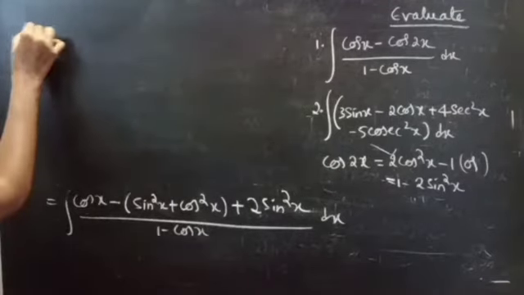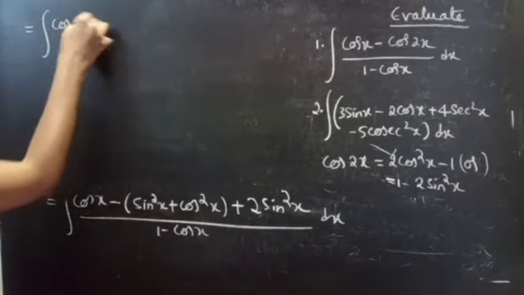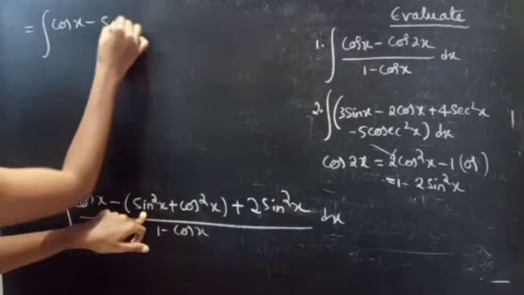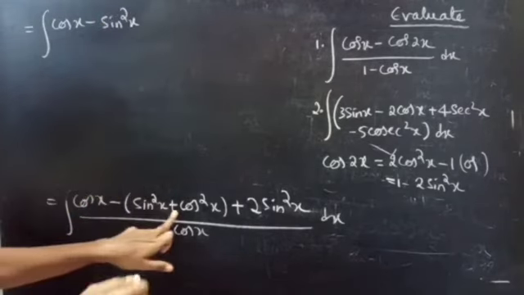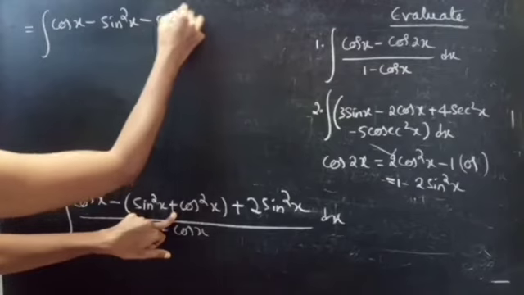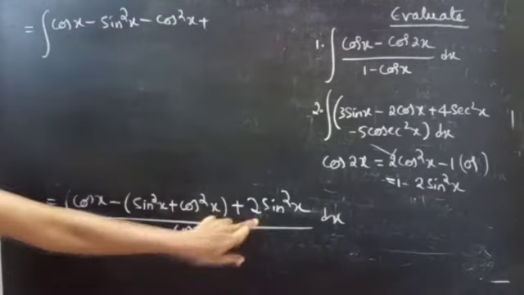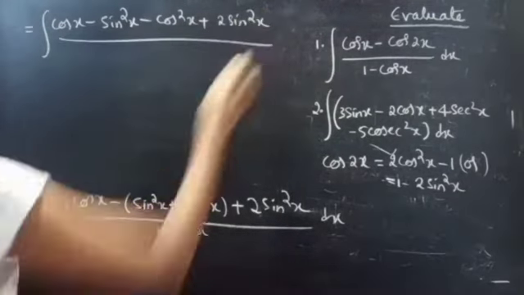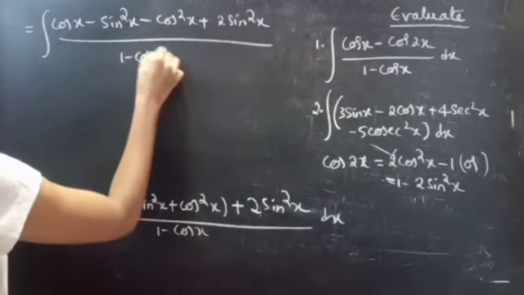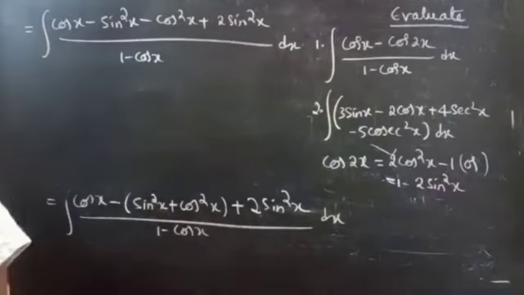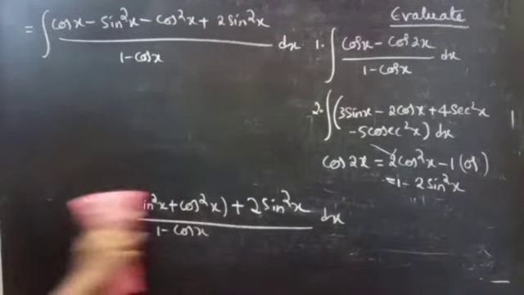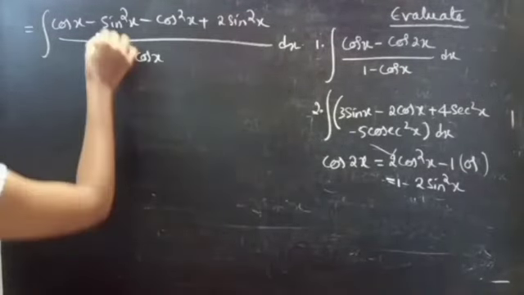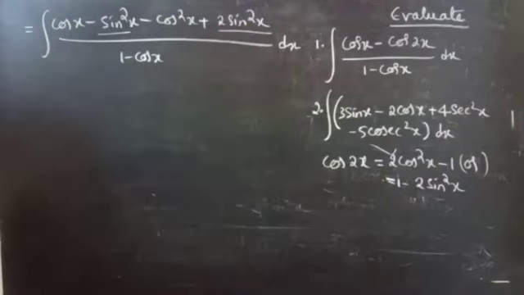So we could write it as integral cos x minus sine square x minus cos square x plus 2 sine square x by 1 minus cos x into dx. Okay. So now we are having minus sine square x and plus 2 sine square x in the numerator, sorry.